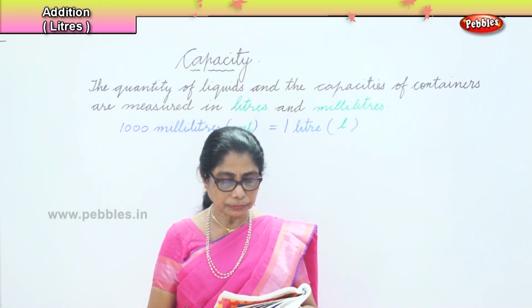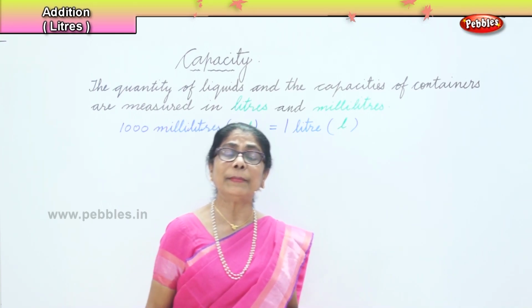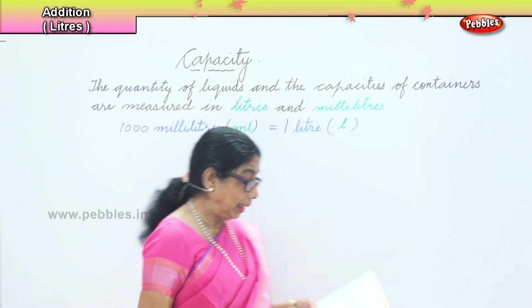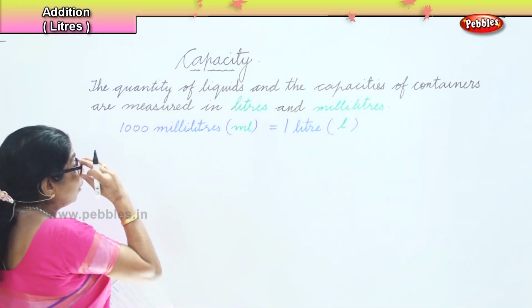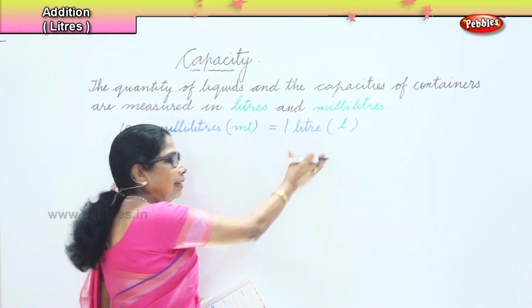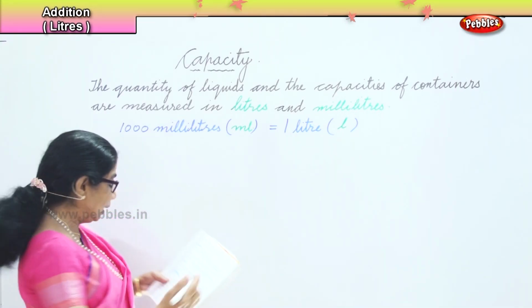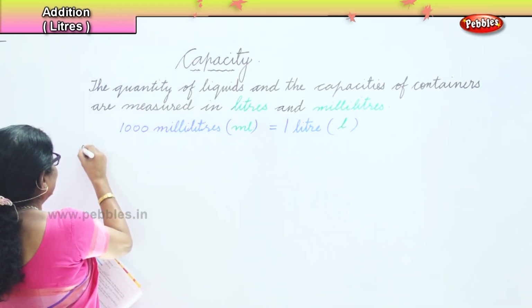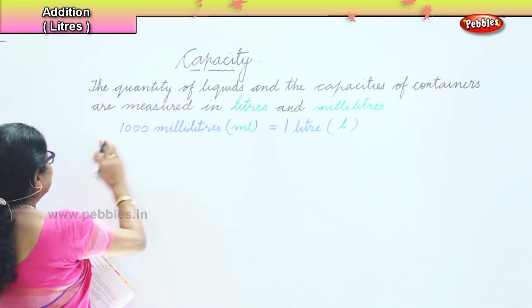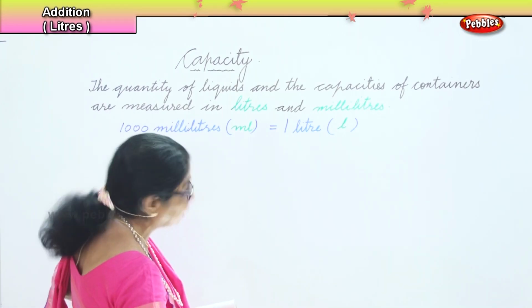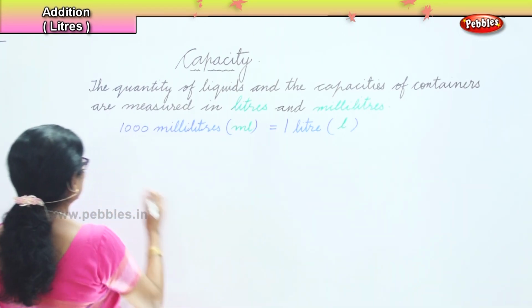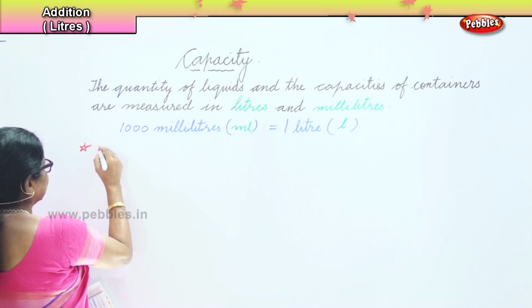Now, let's do some addition in liters. When you add the liters, how do you do it? The first sum that I have for you is addition. What we are going to do now is addition.